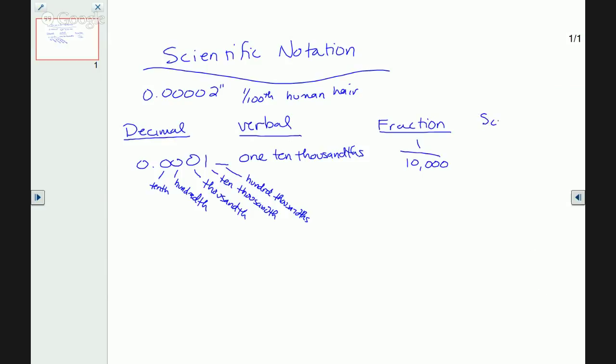Well, we can write scientific notation. And this one, for some reason, confuses people. Honestly, I didn't have it down until I was in college, and I was a math guy. Okay. So, that's scientific notation for that.